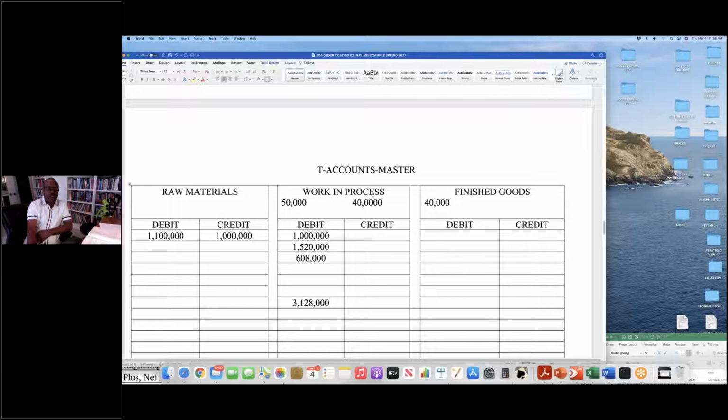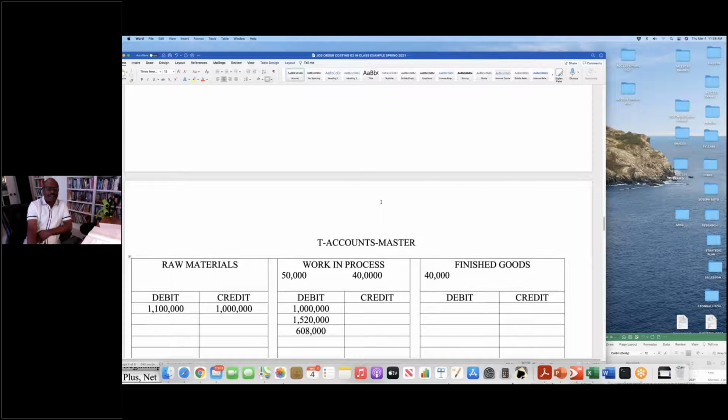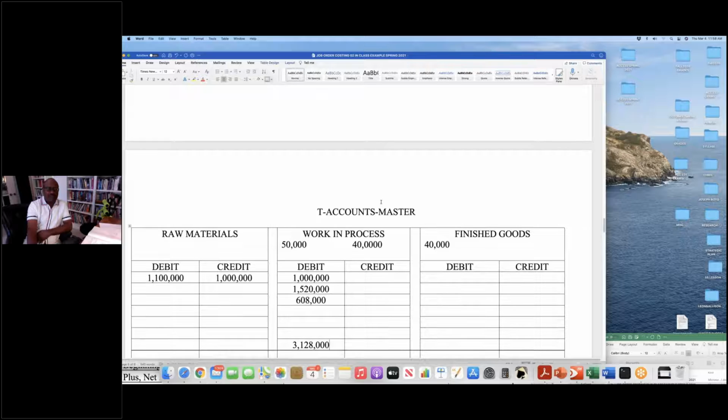I think an easier way to look at this, because the way it's worded can be confusing: if the problem said we're taking all the labor and all the overhead and only 40,000 units, when we add up the finished goods, we take all of the overhead, which is 608,000, and all of the labor, which is 1,520,000, and then 80% of 1 million, because 40,000 from 50,000 is 80%.